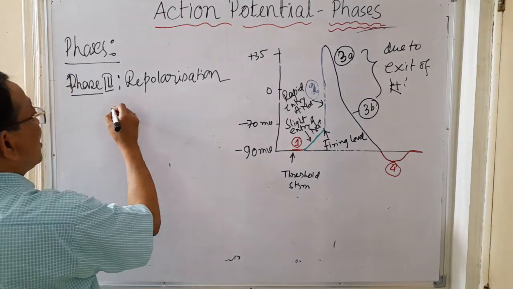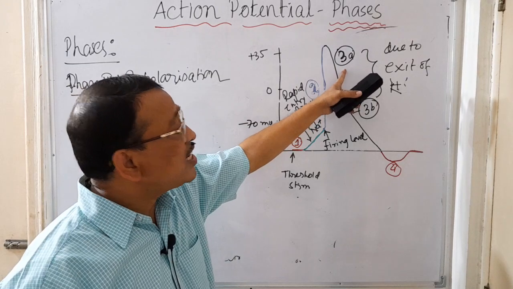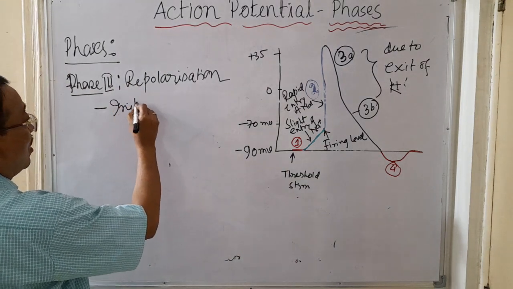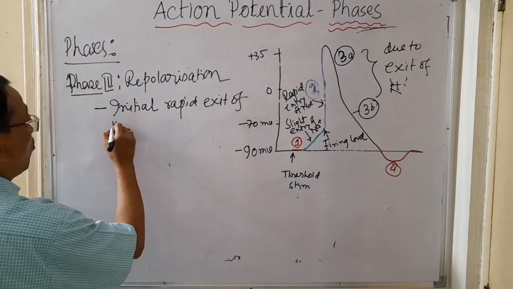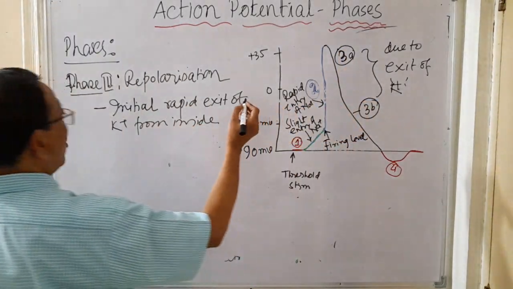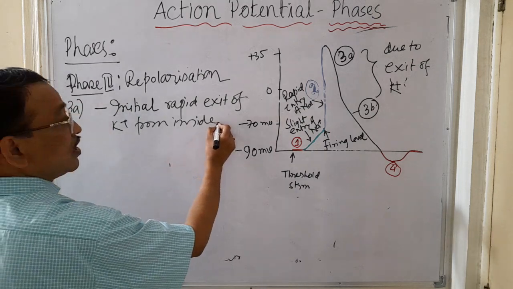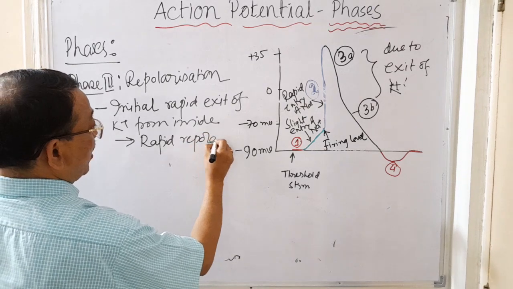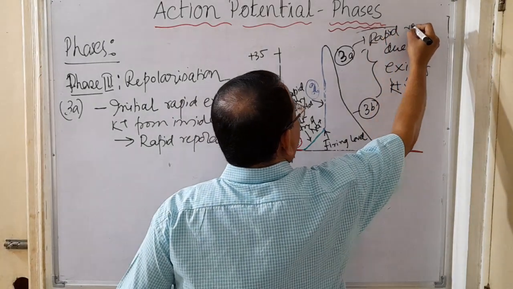Initially there is a rapid exit of potassium ion from inside, and that is phase 3a, known as the rapid repolarization.